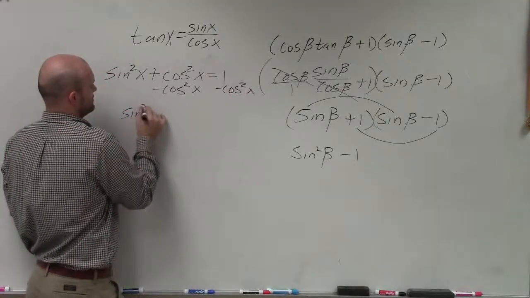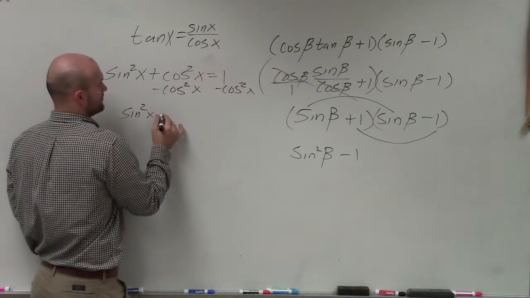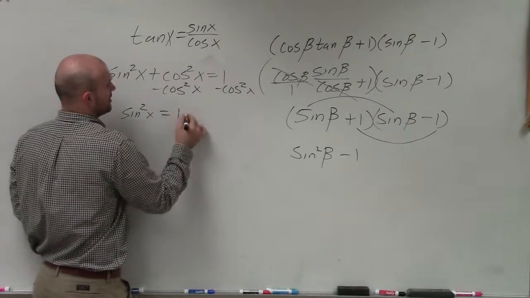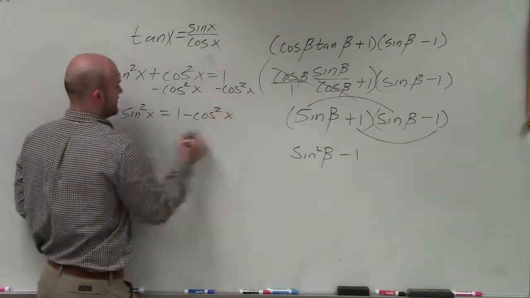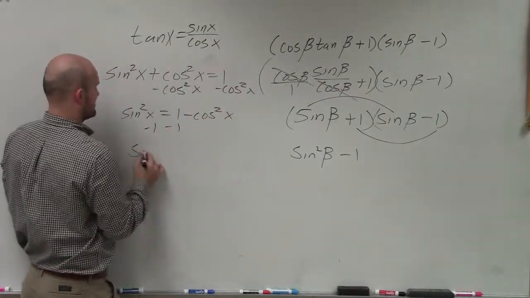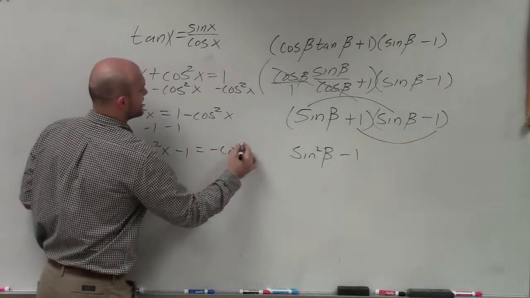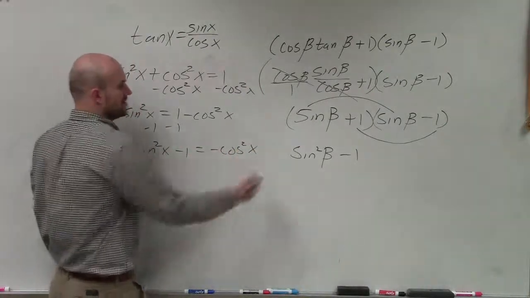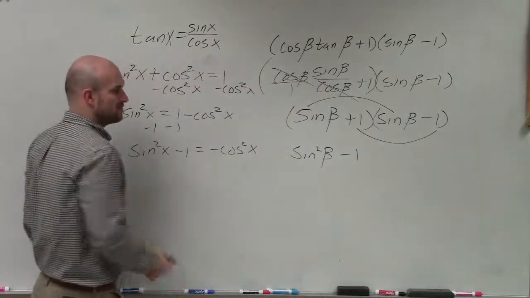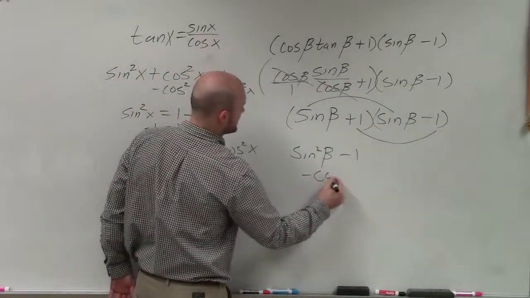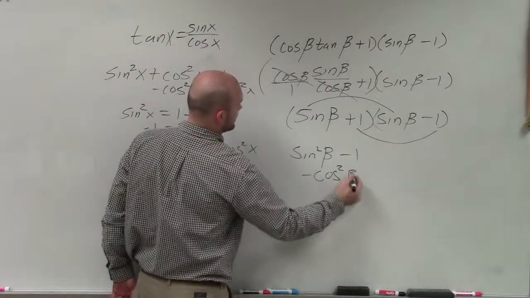So I have sine squared of x equals 1 minus cosine squared of x. Then I subtract the 1 on both sides, and I have sine squared of x minus 1 equals a negative cosine squared of x. So therefore, sine squared of beta minus 1 is going to be the same thing as a negative cosine squared of beta.